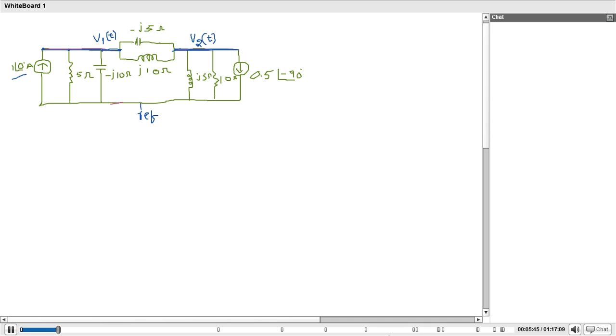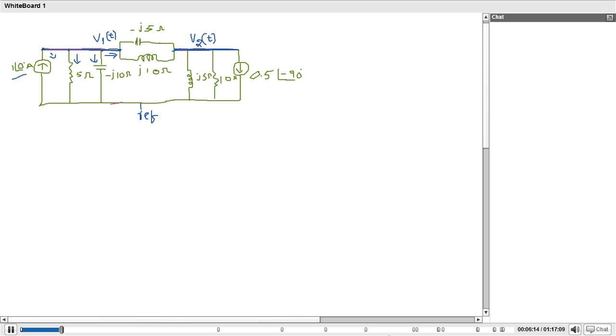For nodal analysis, we have to assume all currents are leaving. So I am considering the V1 node, with all the currents leaving at node 1.